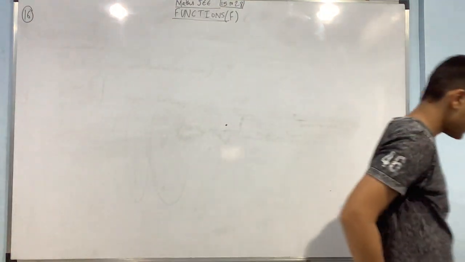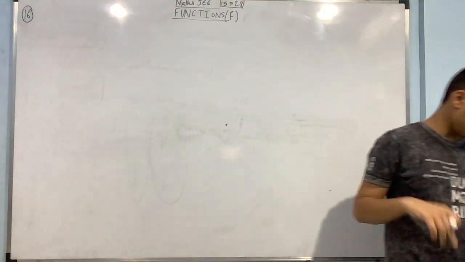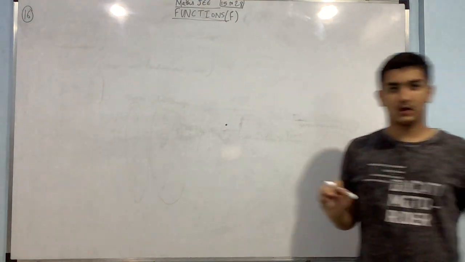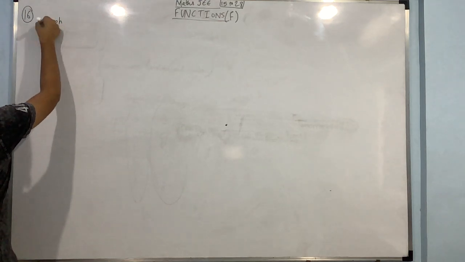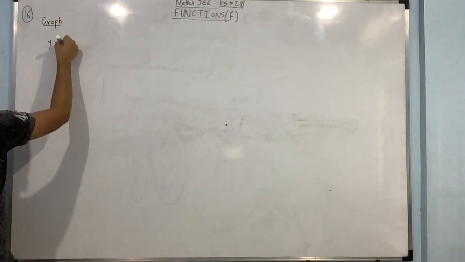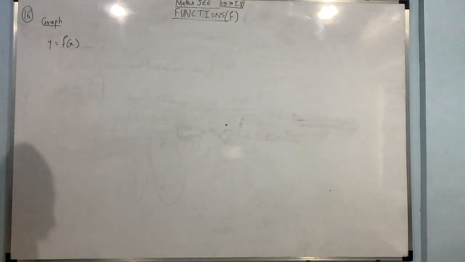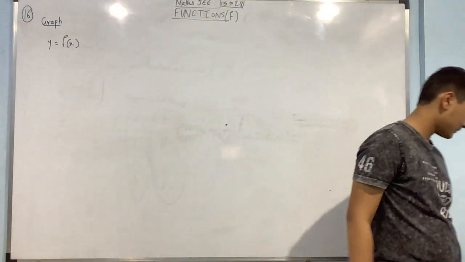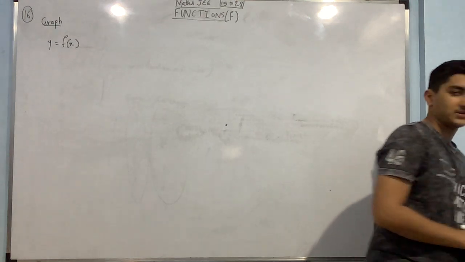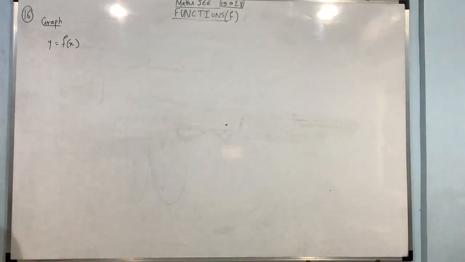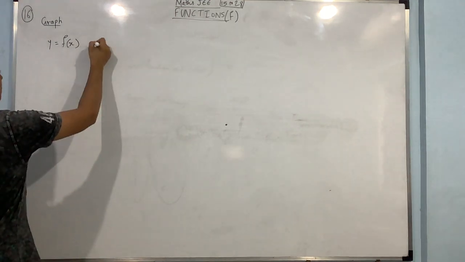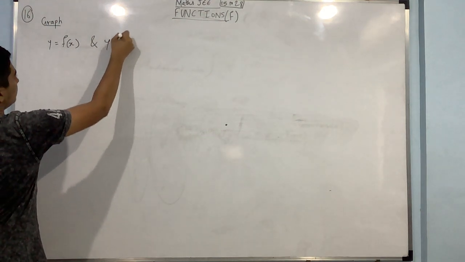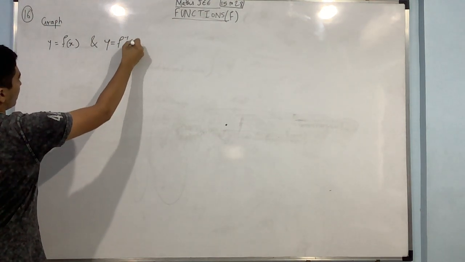Point 16 says: the graph y is equal to f of x. I can't show you here, just imagine y is equal to f of x. This is my graph equation. And I have one more graph, y is equal to f raised to the power minus 1 of x.